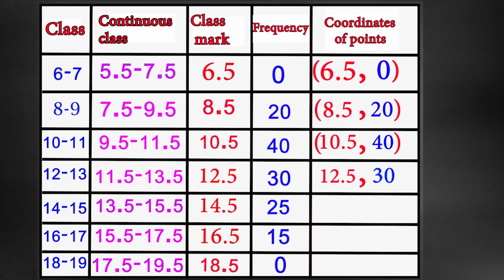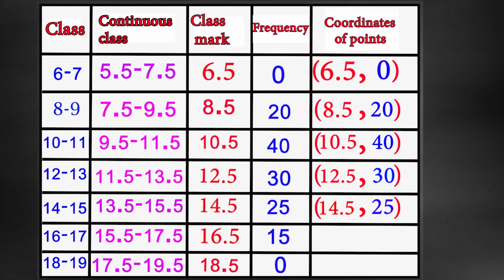Row 4 class 12 to 13, continuous class 11.5 to 13.5, class mark 12.5, frequency is 30 and coordinates of point 12.5 and 30. Row 5 class 14 to 15, continuous class 13.5 to 15.5, class mark 14.5, frequency is 25, coordinates of point is 14.5 and 25.